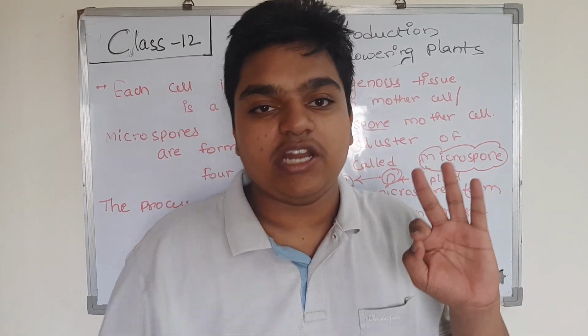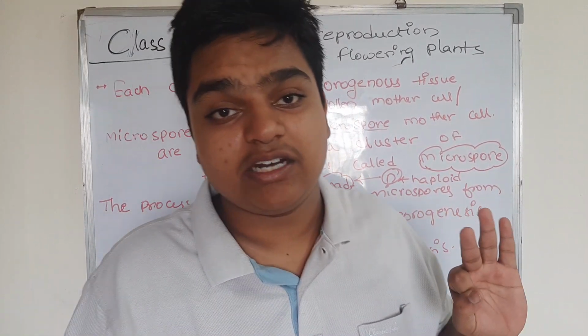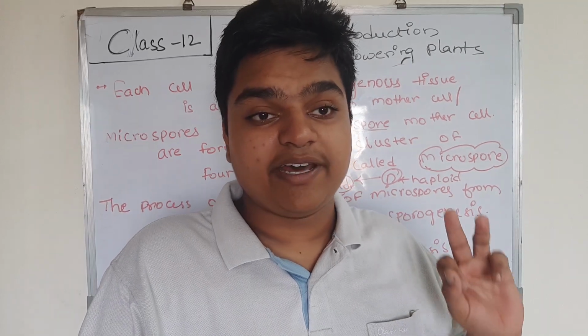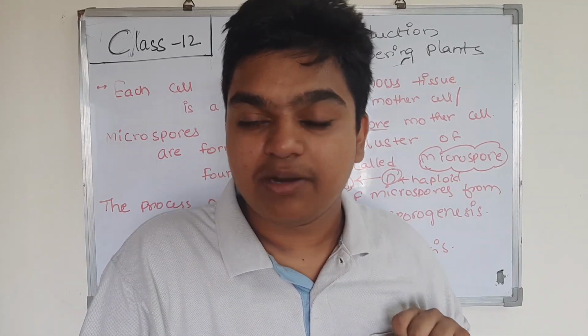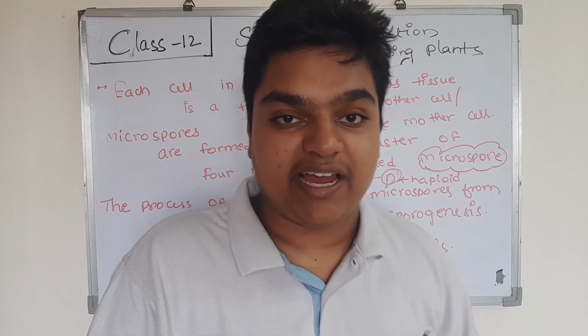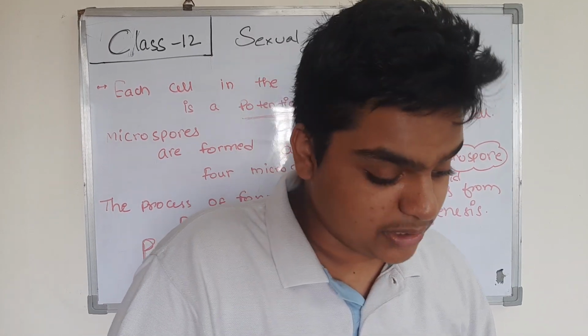I have told you three layers that help in dehiscence of the anther and protection: the epidermis, endothecium, and the middle layers. They help in dehiscence as well as protection.